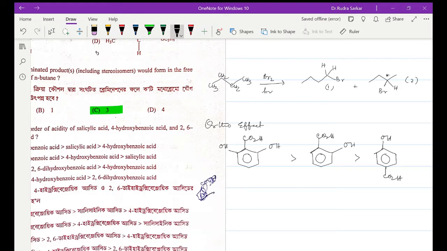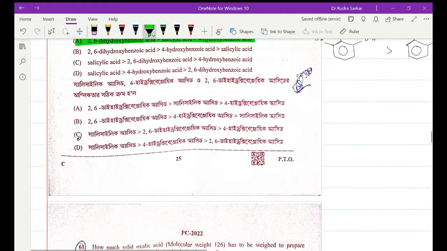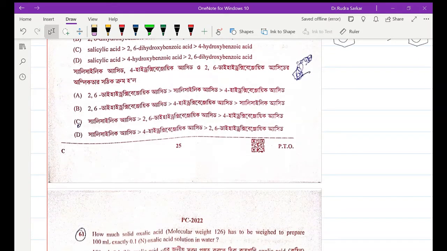That is the one. So we will say the answer for 60 is going to be 2,6-dihydroxybenzoic acid, salicylic acid followed by 4-hydroxybenzoic acid.